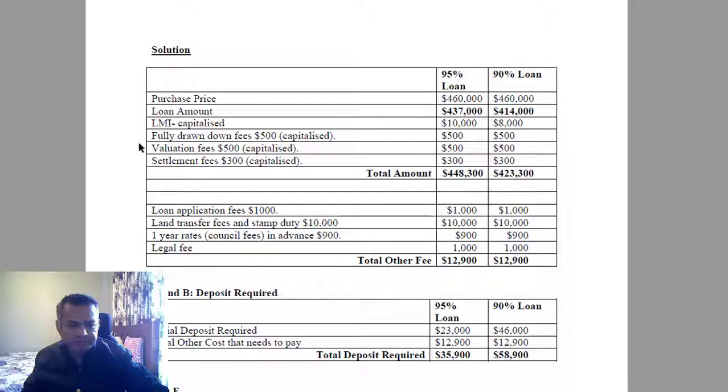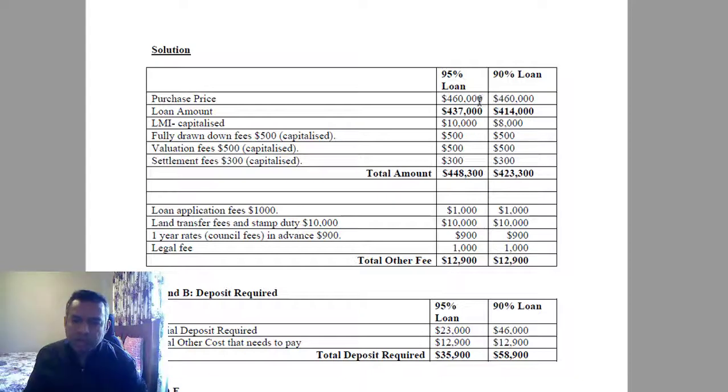Other fees, which include fully drawn down fees, valuation fees, and settlement fees, will be capitalized, so we put all this amount here. Because these fees will be capitalized, they will be added to the original loan amount. So we do not need to pay this money upfront, as it is capitalized and included with the loan.